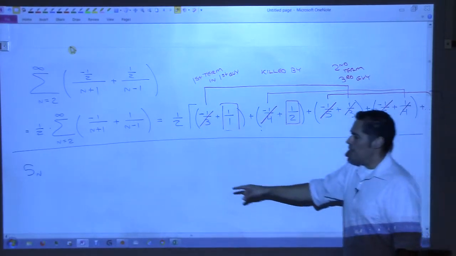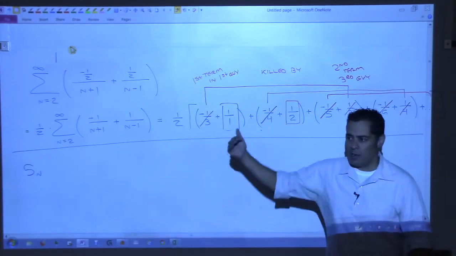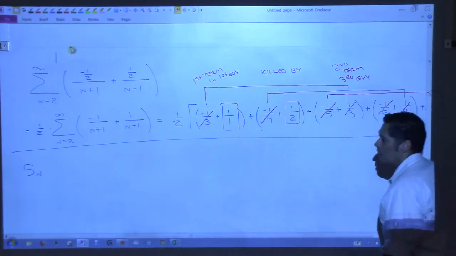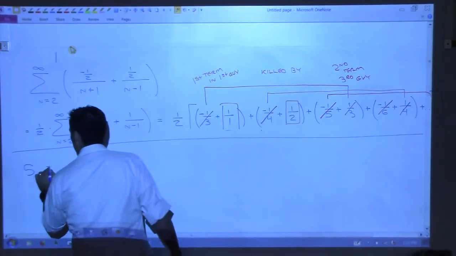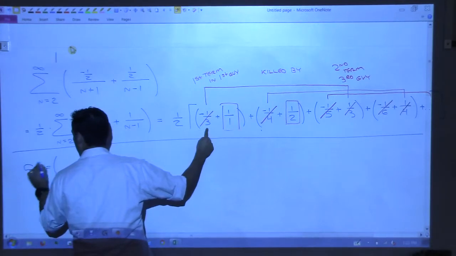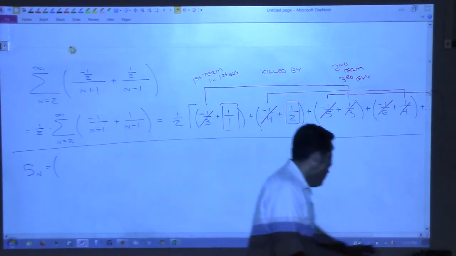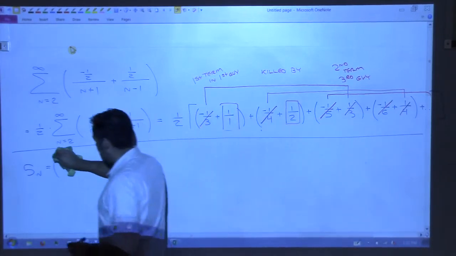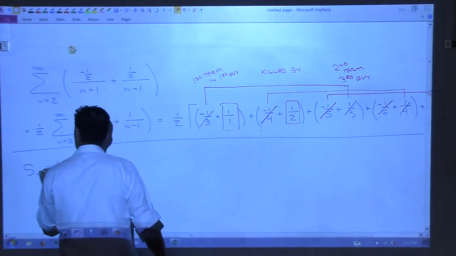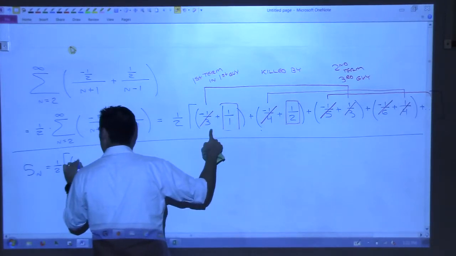I'm going to write down what we're going to call the nth partial sum, which we've talked about. This means we're going to add up the first n, right? Okay, so when we do this, it's going to look like this. It'll be this first one, right? Let's put the half out here in front, 1/2 bracket. Okay, so then it's this first one, which we've already done.